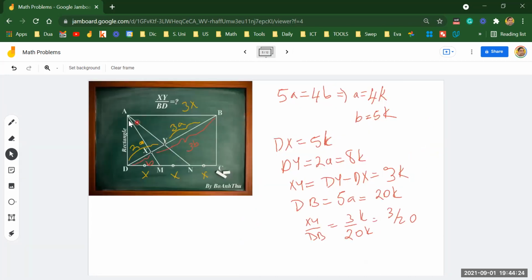And in this question, since this is a rectangle, AB is parallel to DC. So if you write here x, x, x, the total is 3x. We have two sets of similar triangles. One of them is this one, kind of like a butterfly shape, and another one is this one.